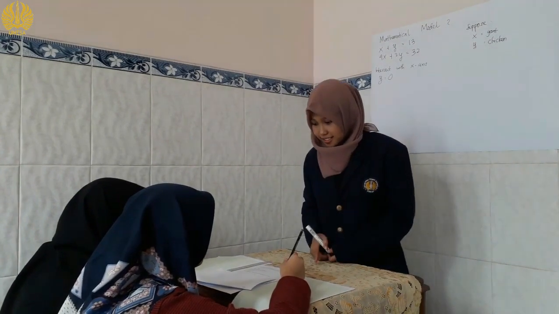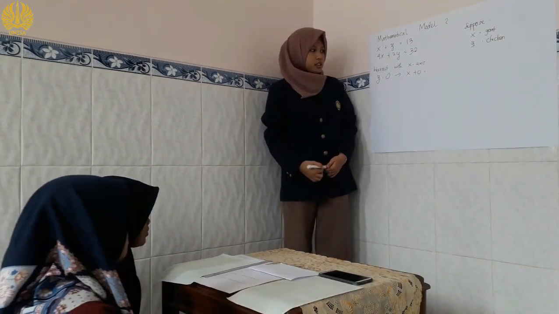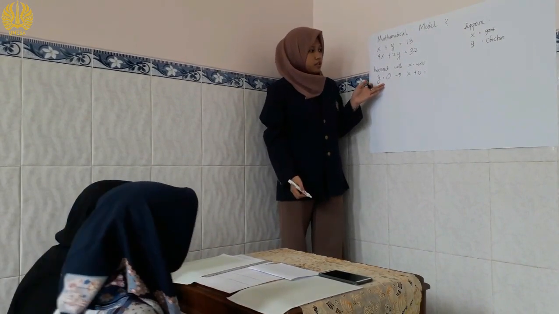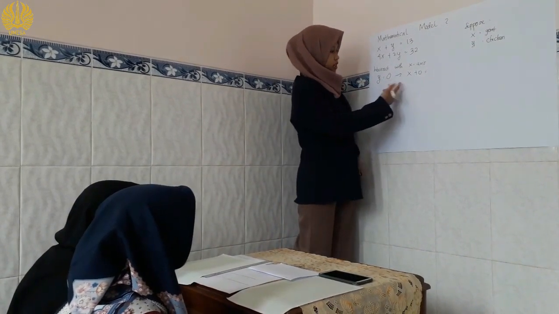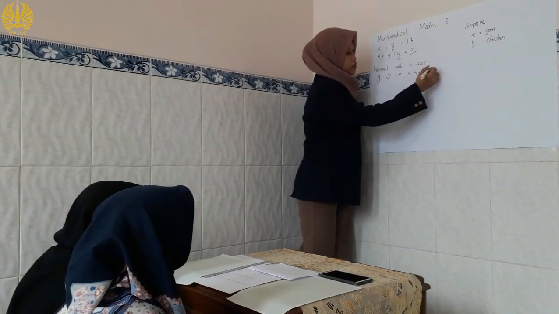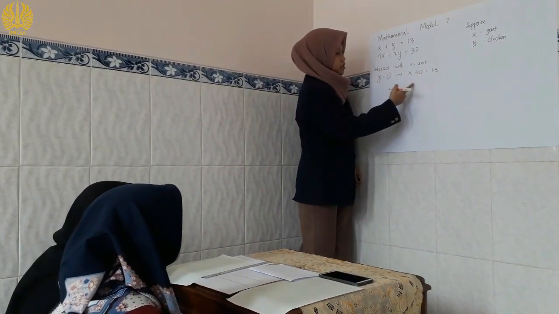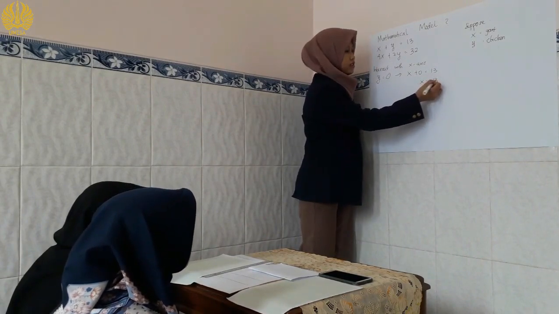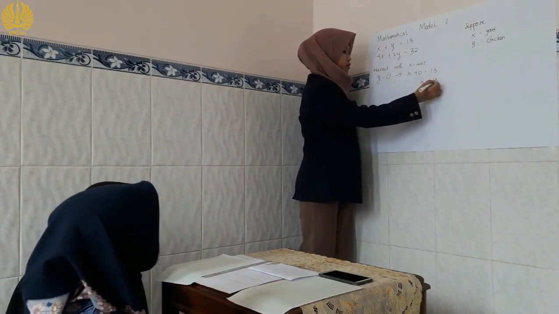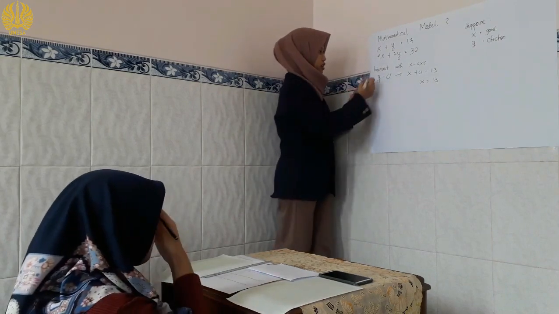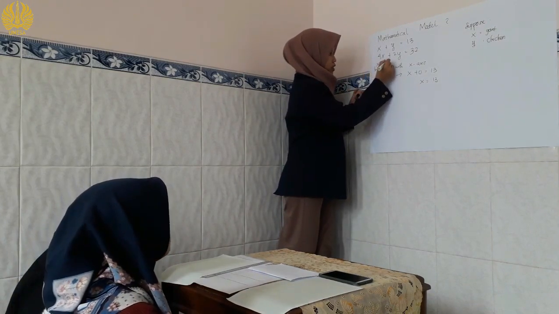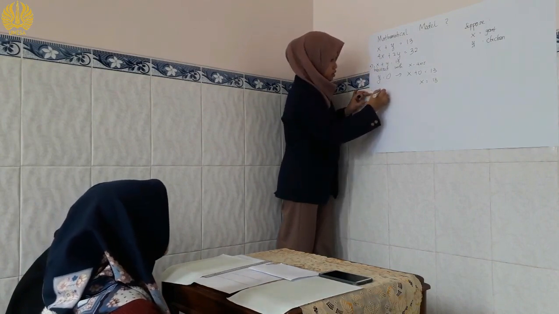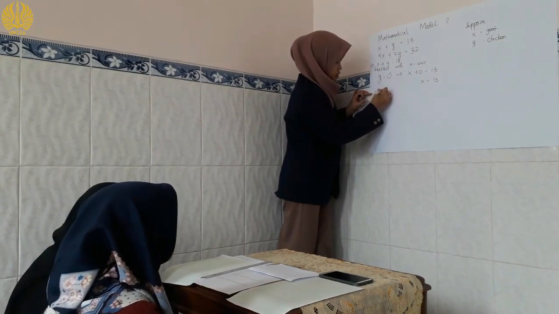Okay. So from this equation, what do you get when y is equal to 0? x is equal to 13. Now find the intersection with the y-axis.